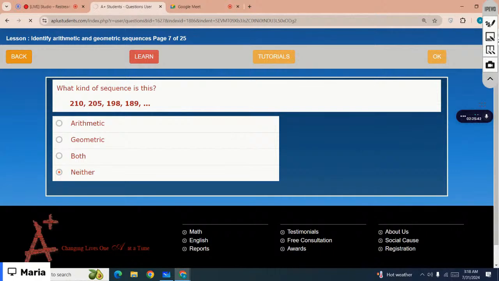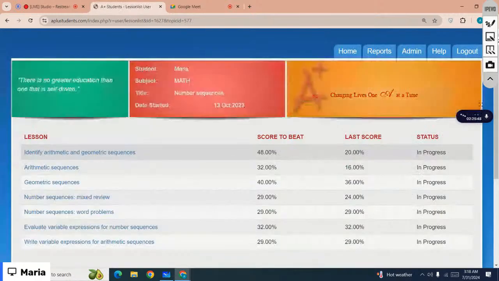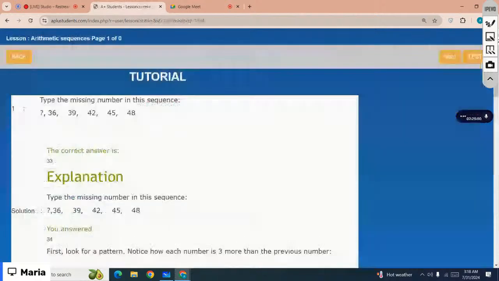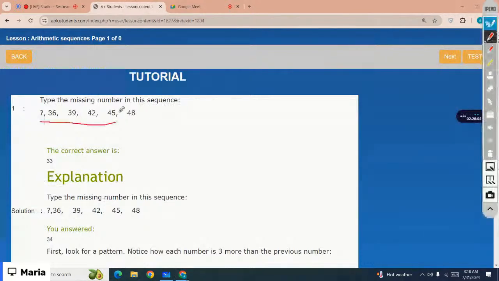The next lesson is arithmetic sequences. Missing number. Okay, now we are on arithmetic sequences. You have to find the missing number. The first thing you need to find is the rule.